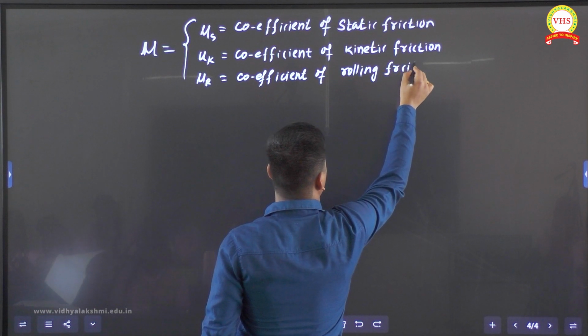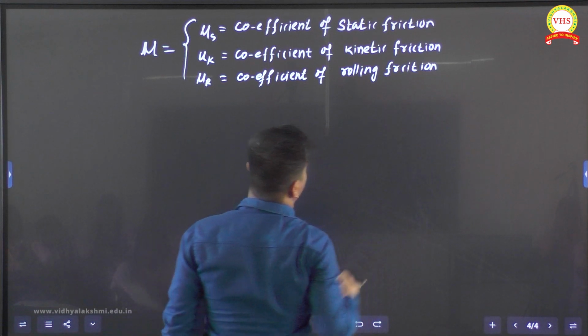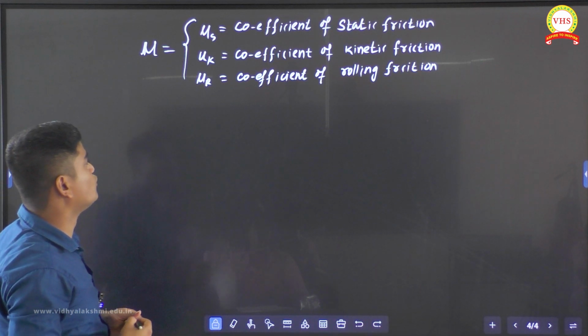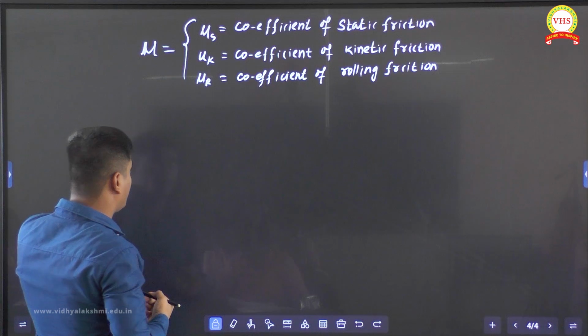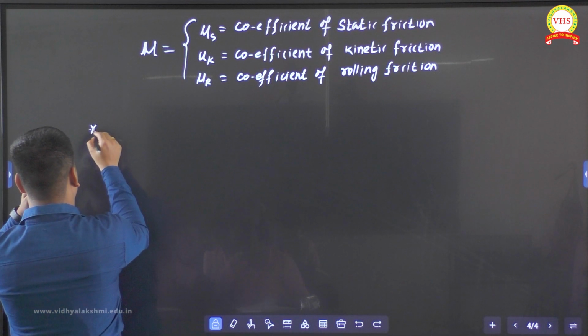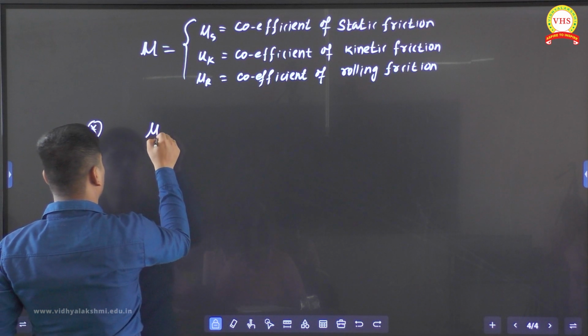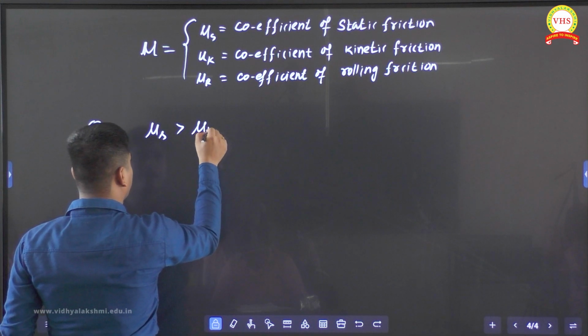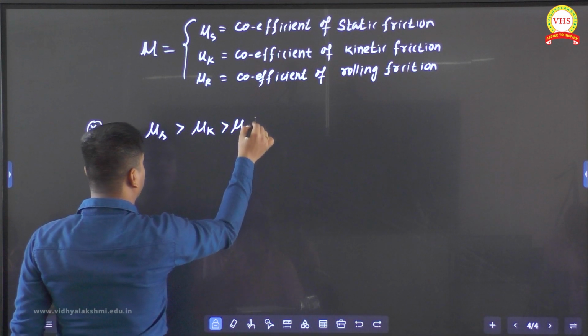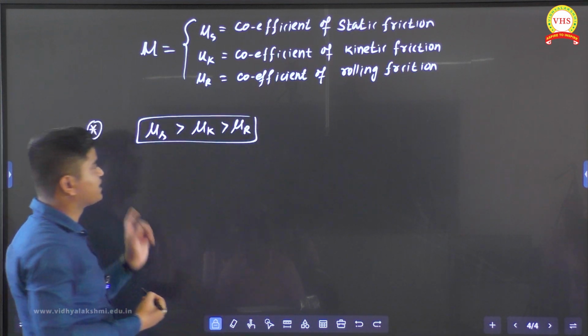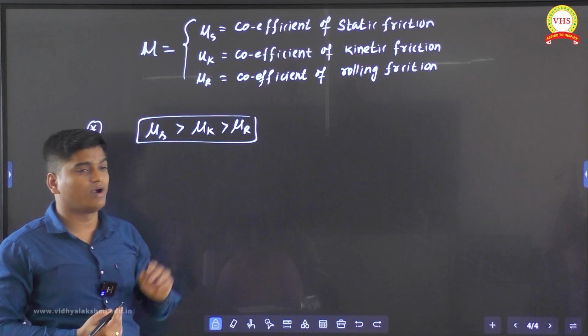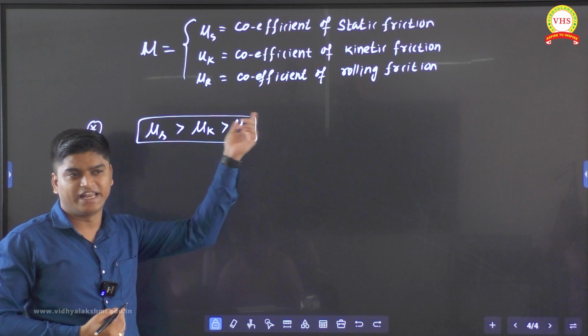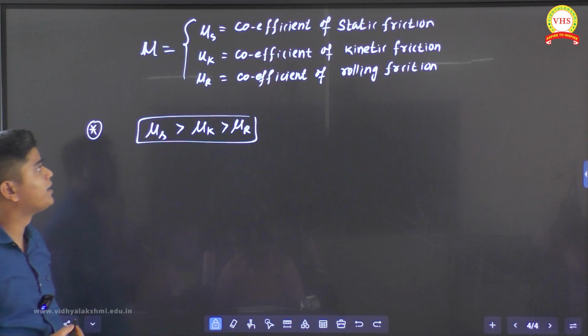Remember these: mu s, mu k, mu r. And you will see the relation. On the star mark point you can write mu s greater than mu k greater than mu r. Remember this relation. So mu r will be less compared to mu s and mu k.